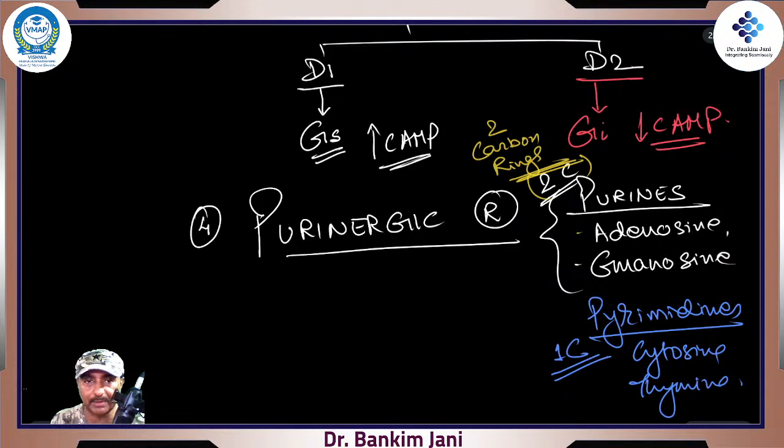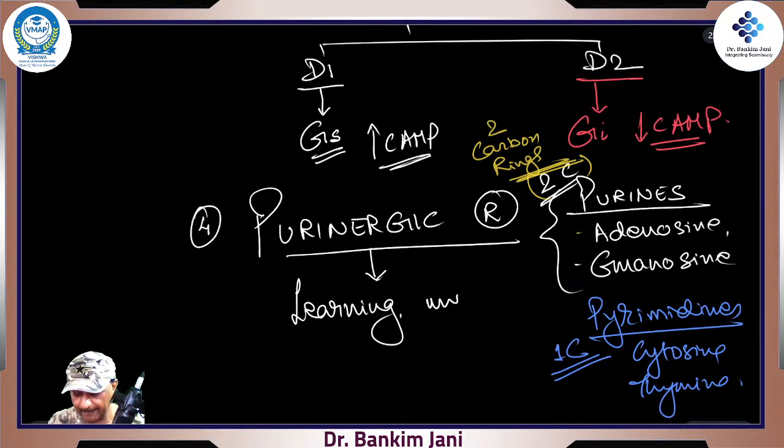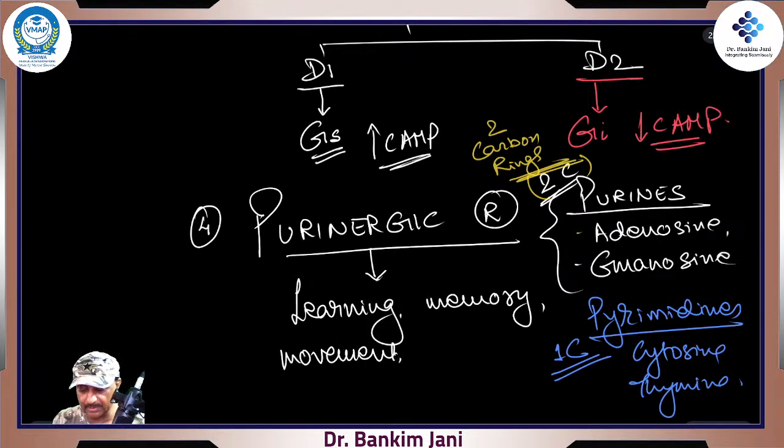Its importance is very high, right? Because purinergic receptors will be playing a major role in learning, your memory, then your movements, locomotion, your sleep, which is very vital, because you must have seen that disturbed sleep, right? Then your behavior, so that is the behavior pattern.